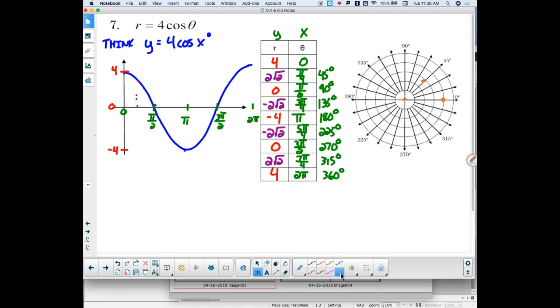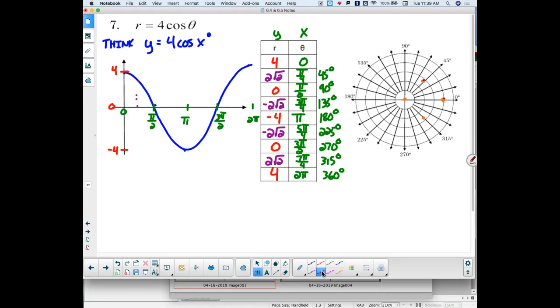So that means I got to go this way, down there. 180°, I'm at -4. Well, that puts me back at that one. 225° is -2 square roots of 2.